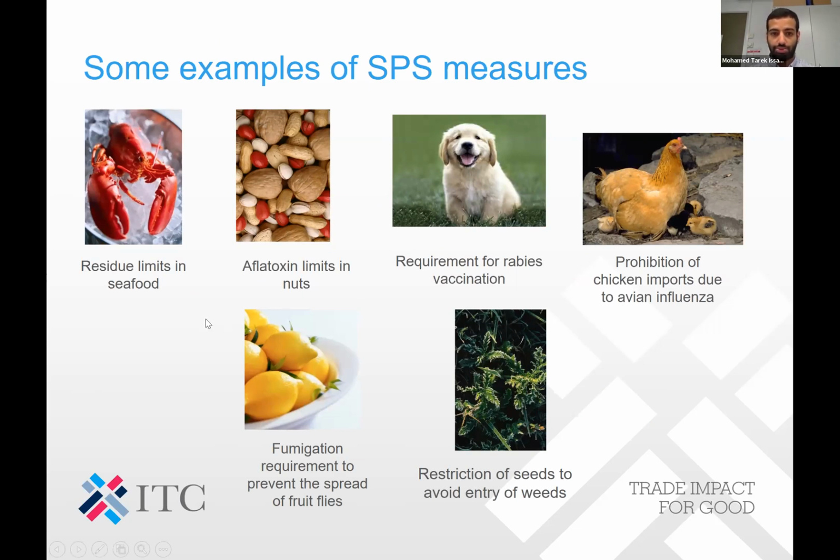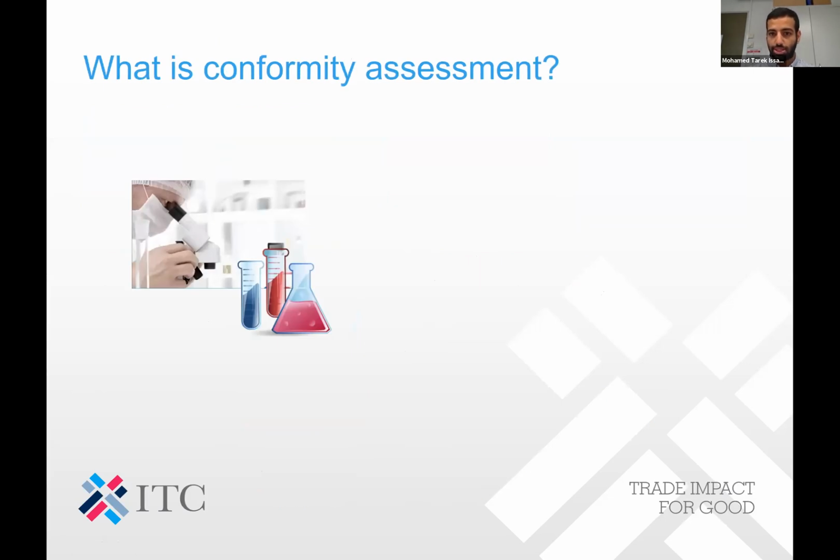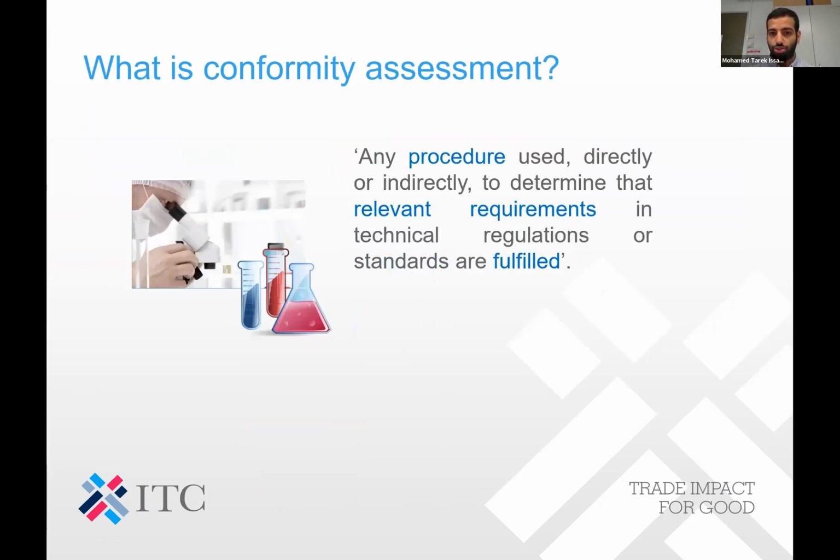I already gave some examples regarding residue limits in seafood, vaccination requirements for animals, or fumigation requirements. Conformity assessment, I already gave you the definition: any procedure used directly or indirectly to determine that relevant requirements are fulfilled.